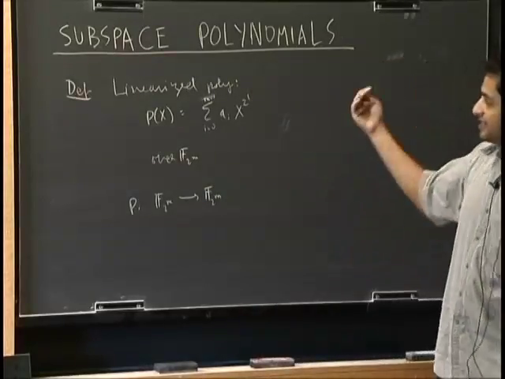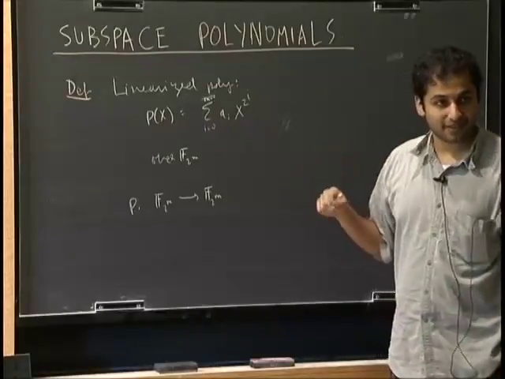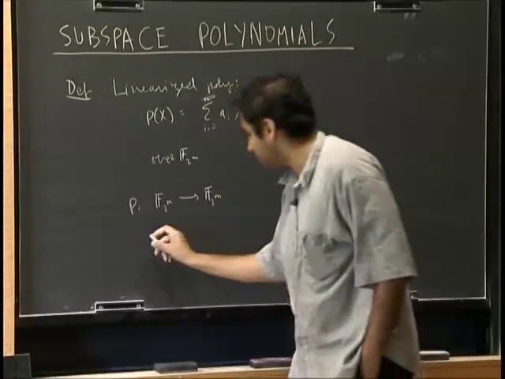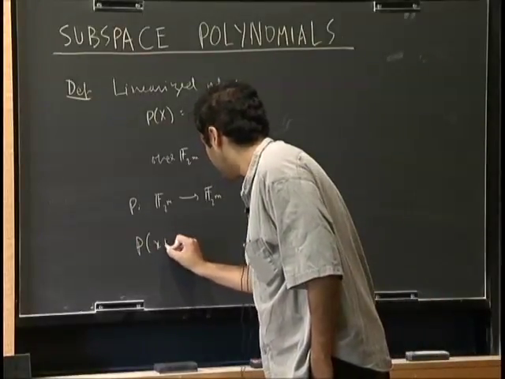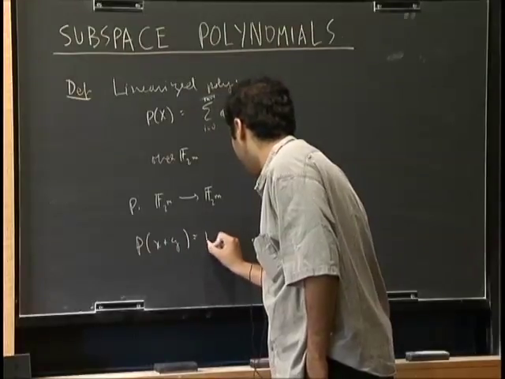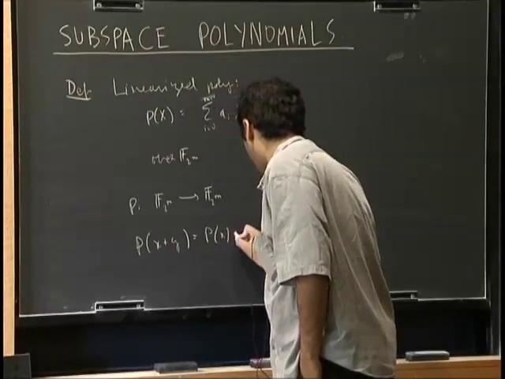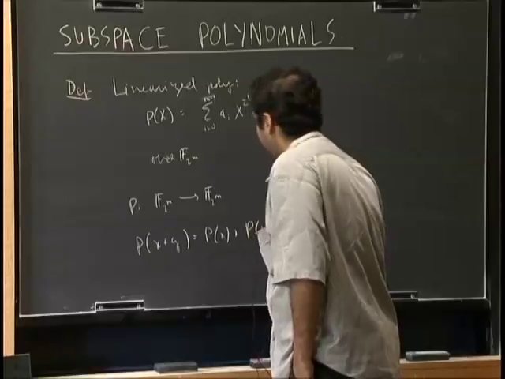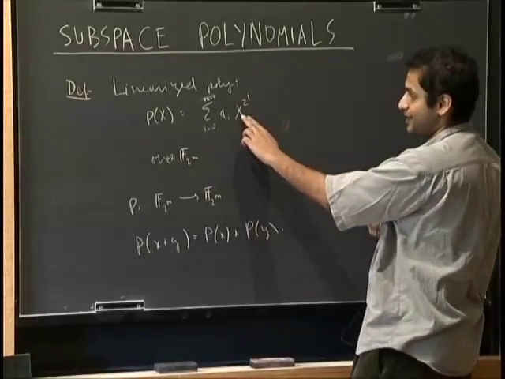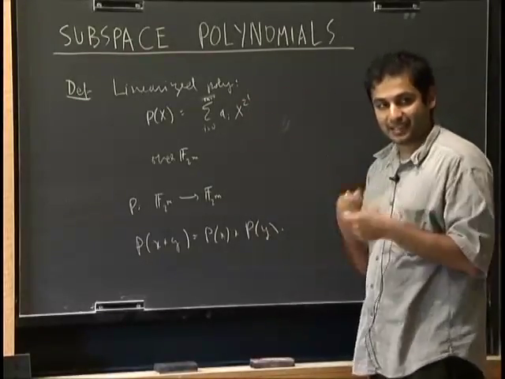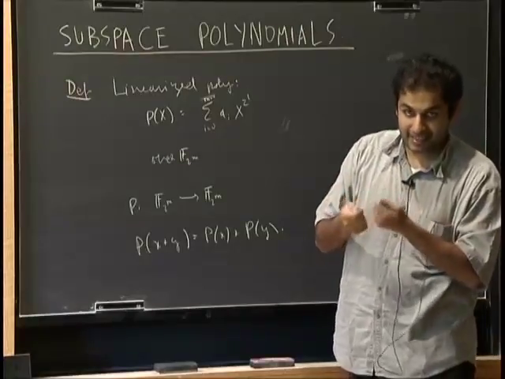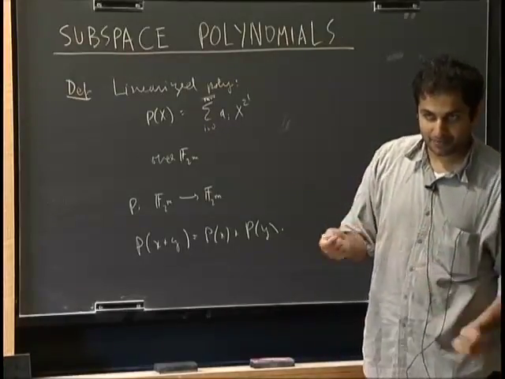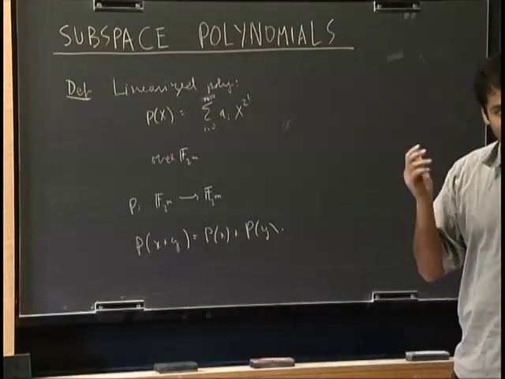So over F2 to the m, any such linearized polynomial gives you a map, and the claim is P is a linear function. So P of x plus y is P of x plus P of y. Why is that? Because if you plug in x plus y into x to the 2 to the i, then you get little x to the 2 to the i plus little y to the 2 to the i, because raising to the power 2 is linear over characteristic 2.